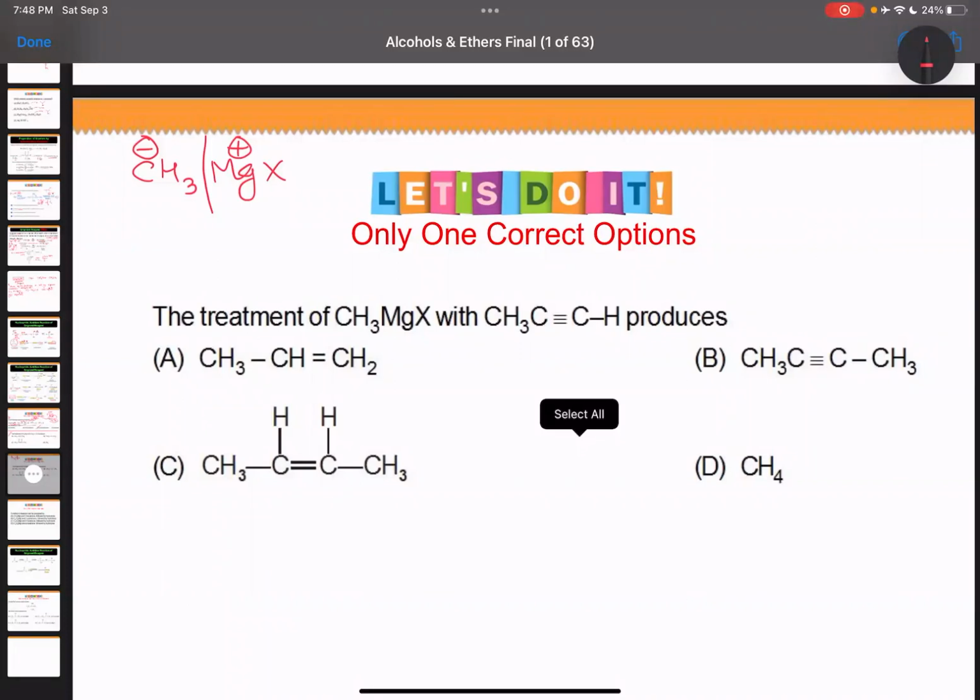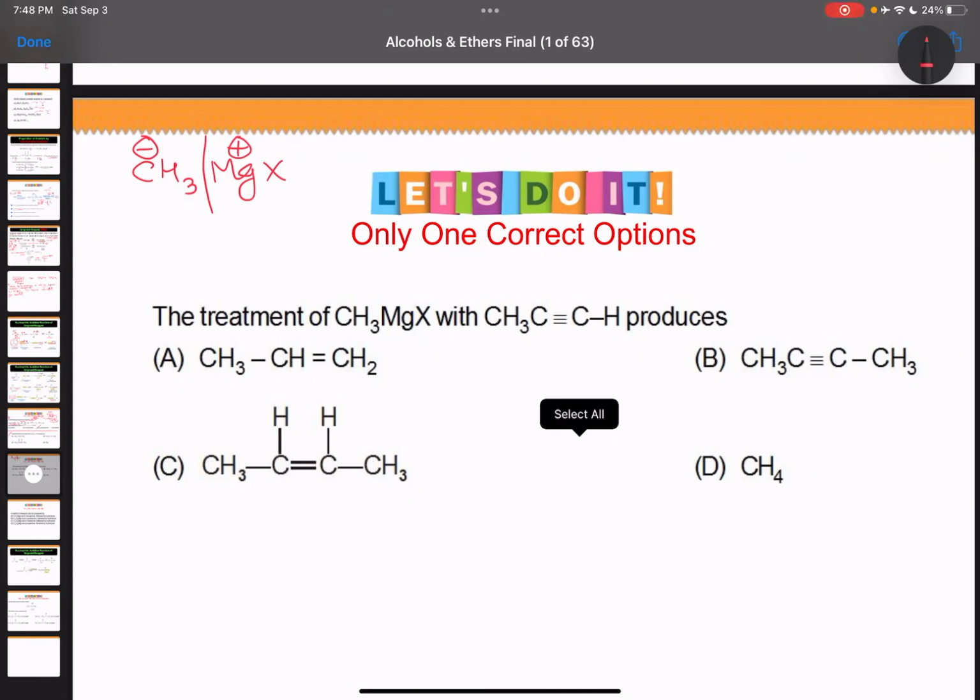The CH3 minus, I will call it a base when it goes and abstracts H plus. So if the same thing reacts with H plus, I call it a base. It needs to have some lone pair or negative charge so that it can abstract the H plus. But if that same molecule is not attacking H plus, and is getting connected to some other carbon, then I call it a nucleophile.